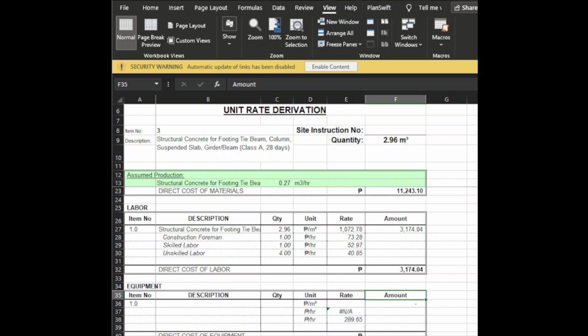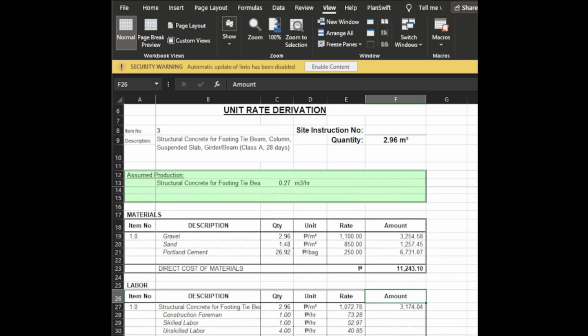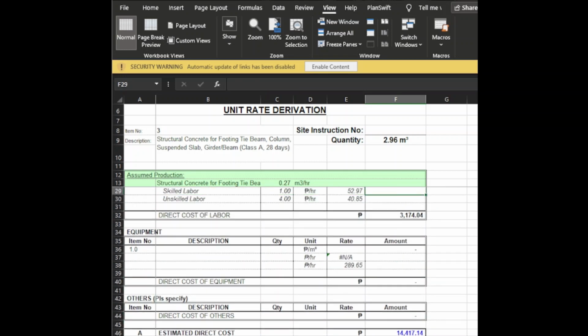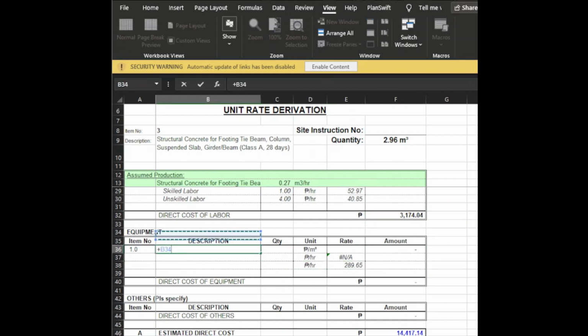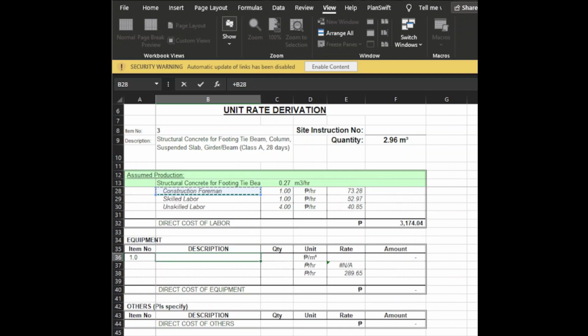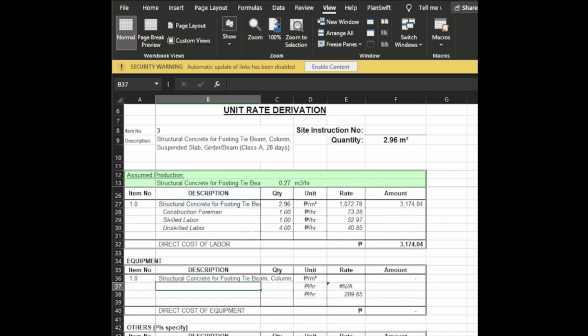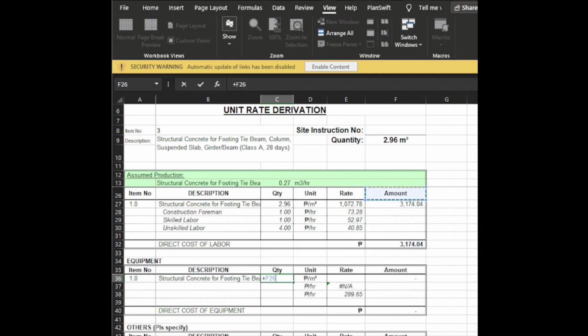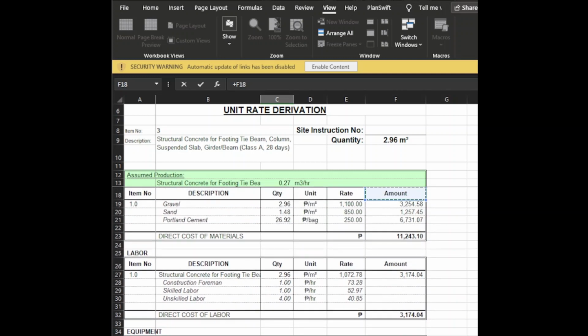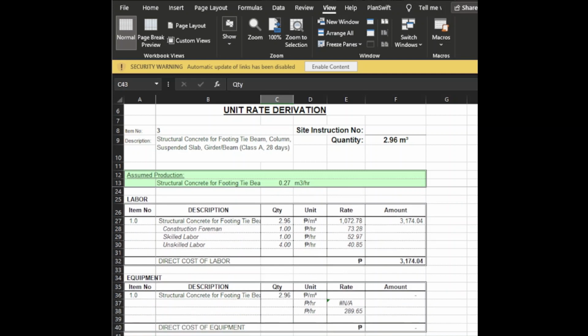So we have already labor and materials. The next is the equipment. For the equipment, we have the quantity again, 2.96.